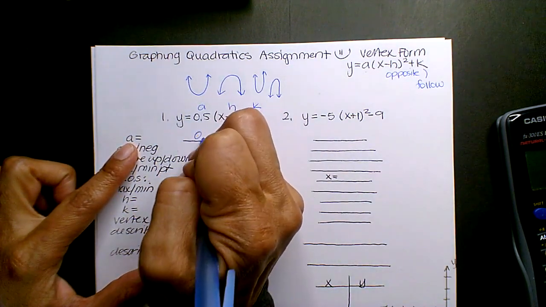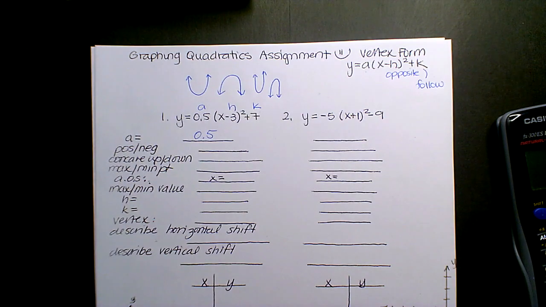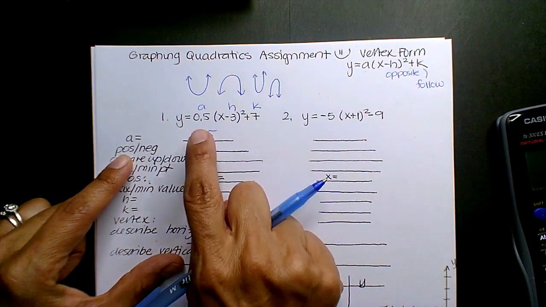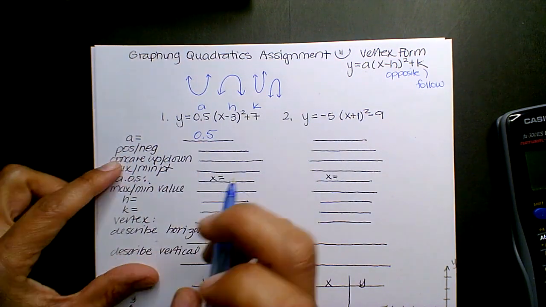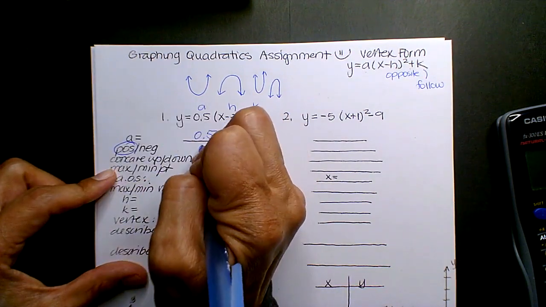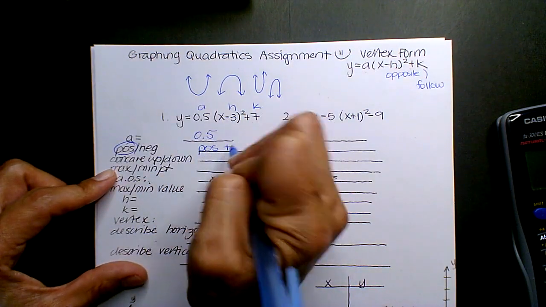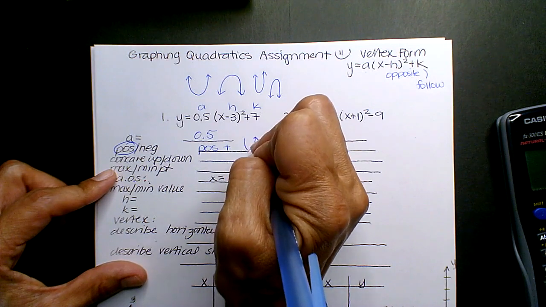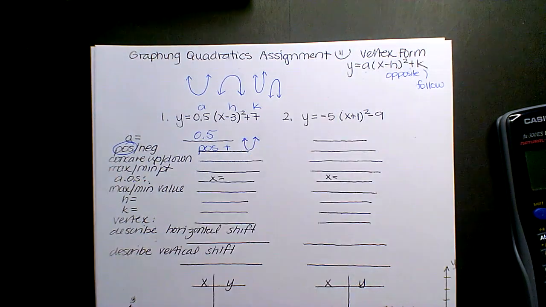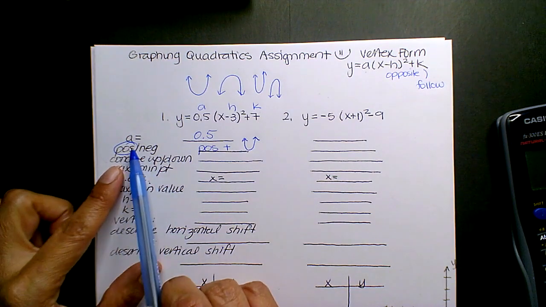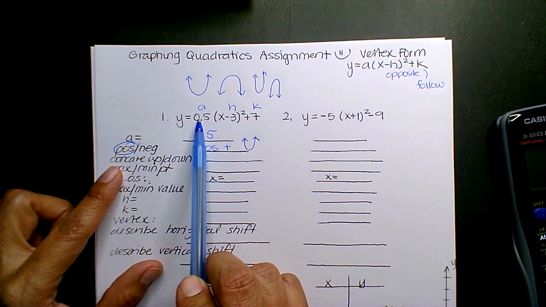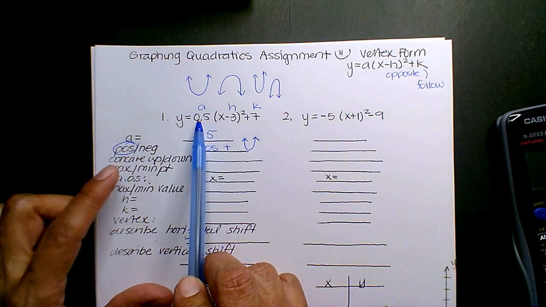Okay, so my a value is what number? 0.5. Everybody okay? Is that number positive or negative? Positive. So you could circle it, or put a positive, or some people put the little positive symbol. Some of you can even draw a little parabola going up. It's concave up. Now, based off the positivity, your a value tells you the concavity or the orientation.